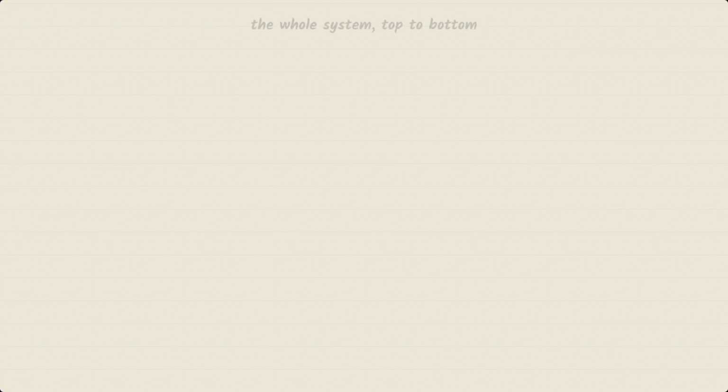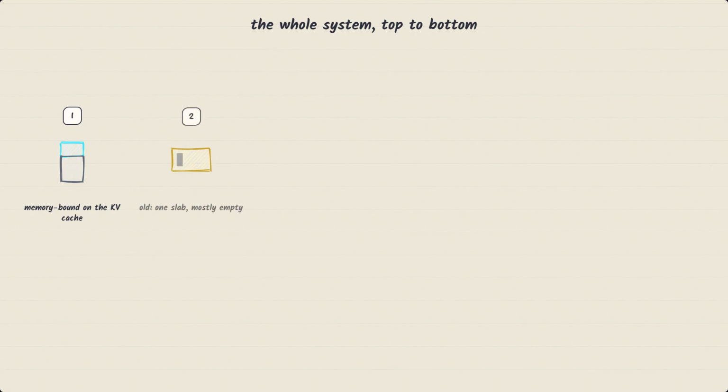So the whole system, top to bottom. Serving is memory-bound on the KV cache, which grows with every token and every request. Old servers waste 2/3 of that memory on contiguous, max-length reservations. PagedAttention chops the KV cache into fixed paged blocks with a per-request block table and allocates them on demand, cutting waste to a single block.